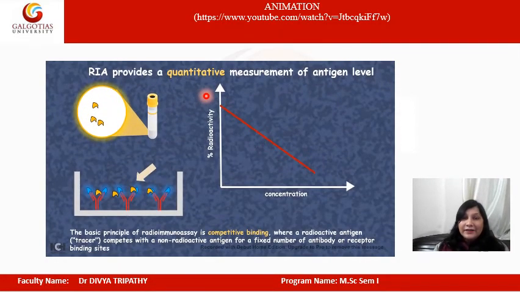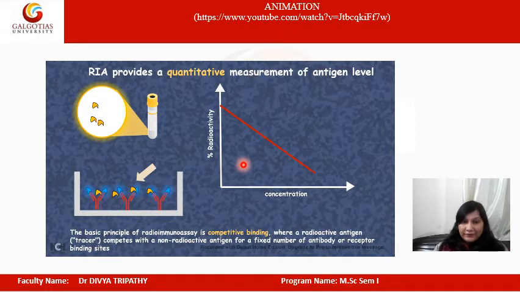Radioimmunoassay relies on the principle of competitive binding, where a radioactive antigen, the tracer, competes with a non-radioactive antigen to bind to this particular antibody. If the patient sample has a huge amount of unlabeled antigen, then radioactivity would decrease progressively with the increase of antigen concentration.